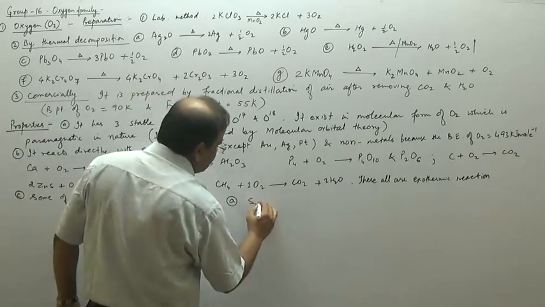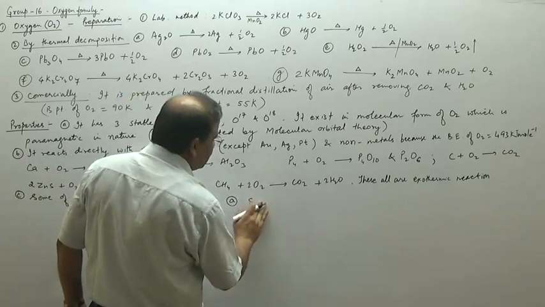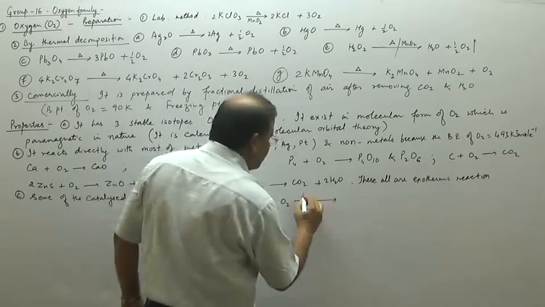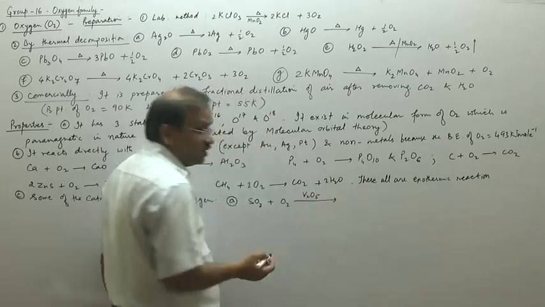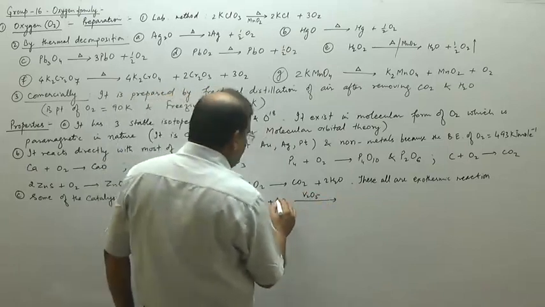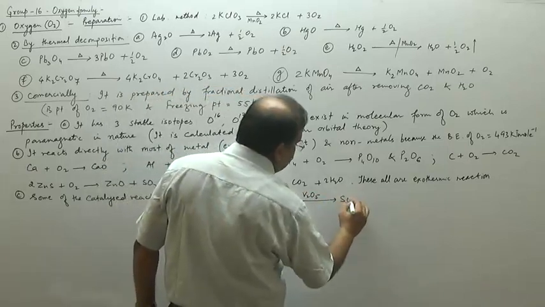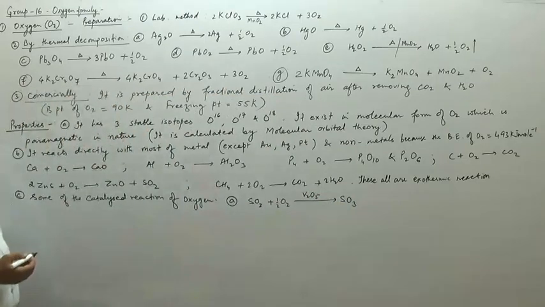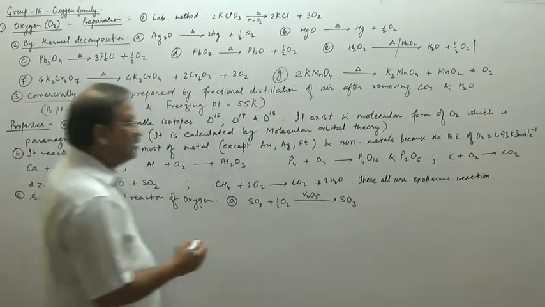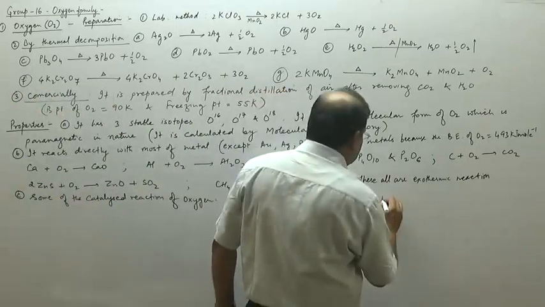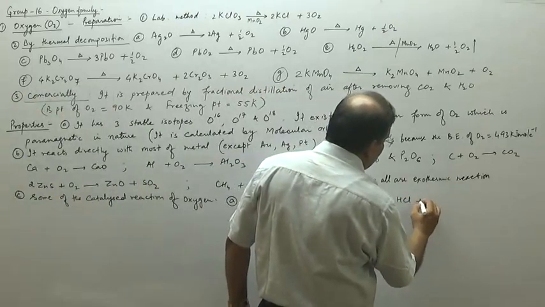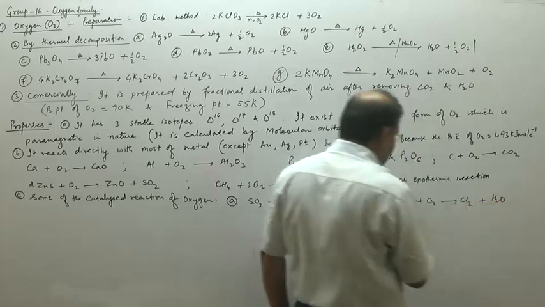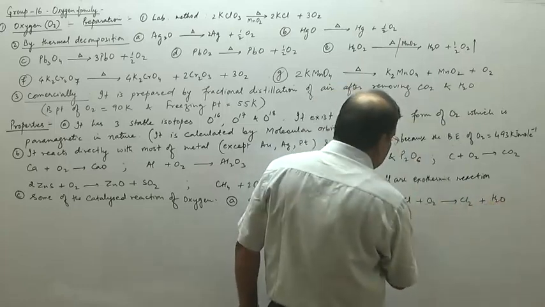When SO2 reacts with oxygen in the presence of vanadium pentoxide, V2O5, it gets converted into SO3. This is a reaction with a catalyst. Also, when HCl is treated with O2, it gets converted into Cl2, and H2O is formed. The excess HCl reacts with oxygen like this.